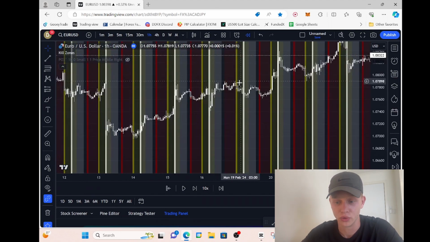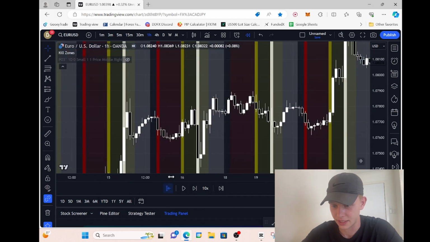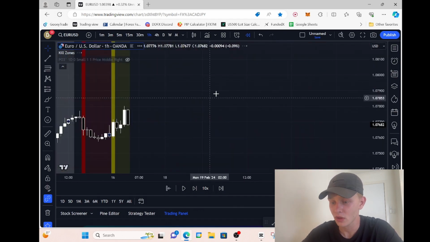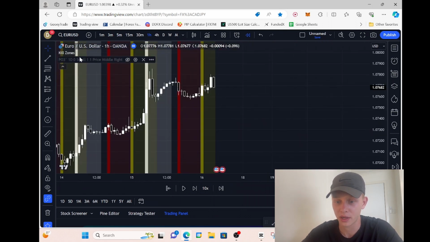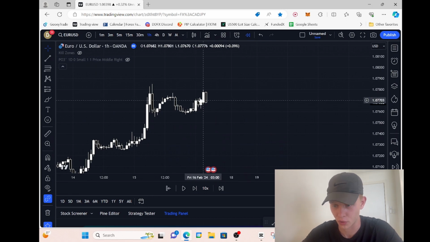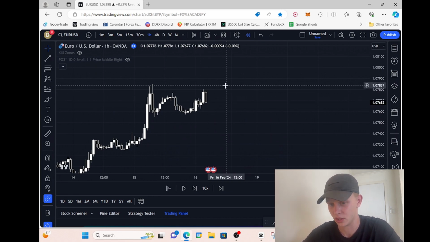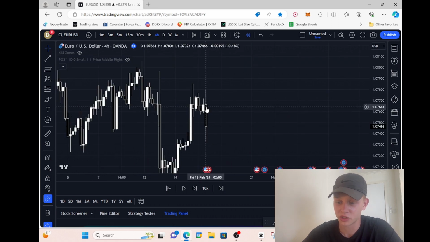If I'm on the charts here, and let's say I click here, on the hourly time frame we do not know if price is going to go up or down from here. All we know is what's showing right here. I don't know what the next candle is going to look like. But if I go to the 4 hour time frame, it shows me the next area was just a big sell-off.